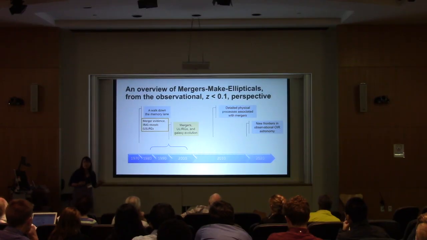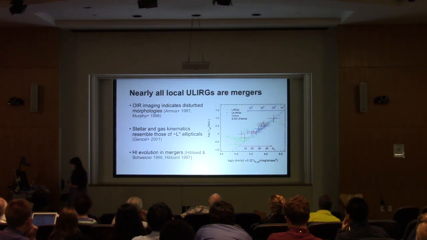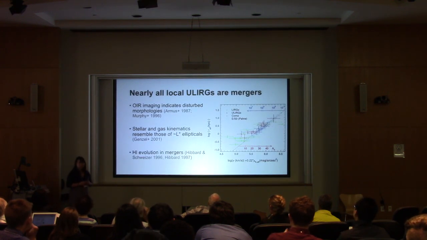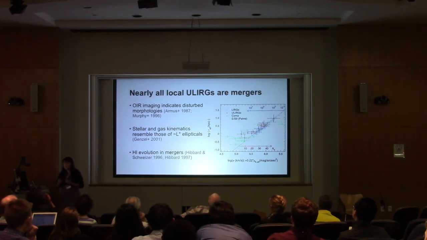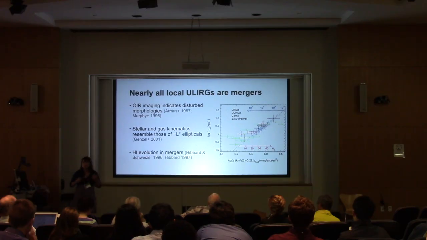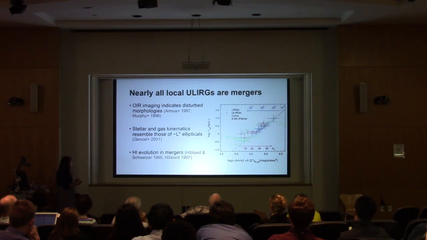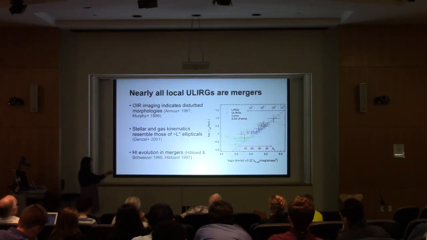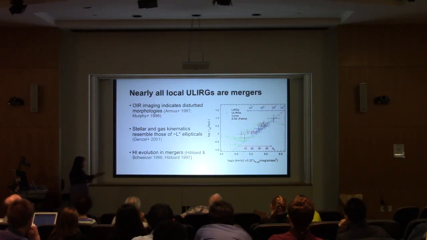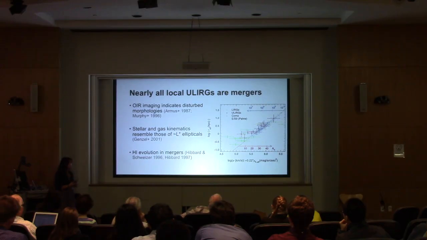Okay, so what does this tell us about mergers and U-LIRGs, and how does all this fit into galaxy evolution? There has been increasing observational evidence pointing to how infrared luminosity associates with merger activity, including optical and infrared imaging surveys that see a lot of disturbed morphologies in LIRGs and U-LIRGs. Gas and stellar kinematic studies show that the U-LIRGs, which are the red points here, resemble L-star ellipticals on the fundamental plane, showing that they are probably what turn into those elliptical galaxies.